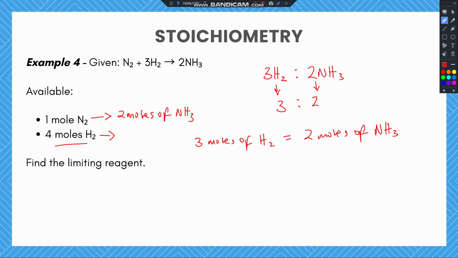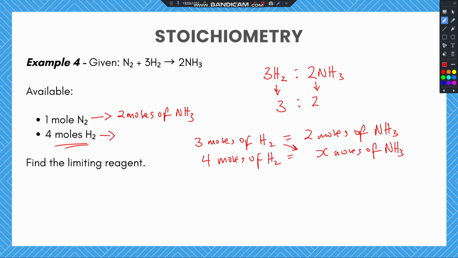So now we have 4 moles of hydrogen. So therefore 4 moles of hydrogen produces X moles of ammonia, which is NH3.